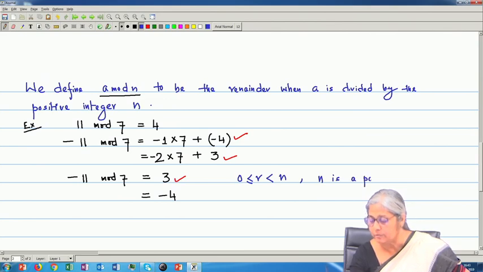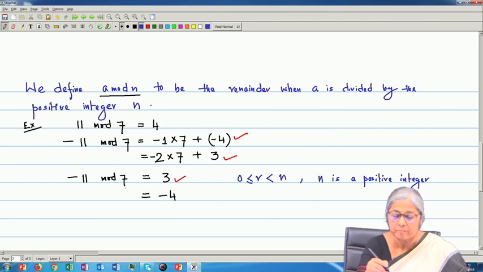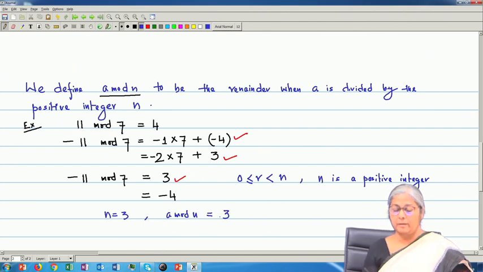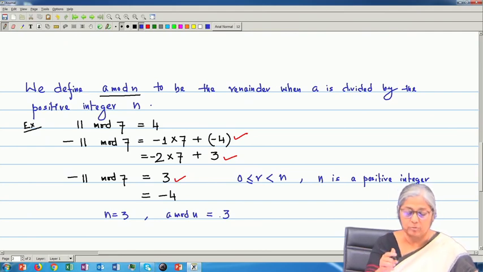Here n is 7, so my A modulo n is 3. So, this is my definition of modulo.